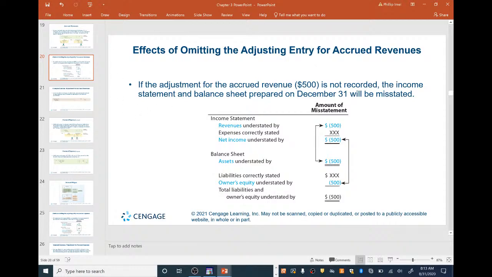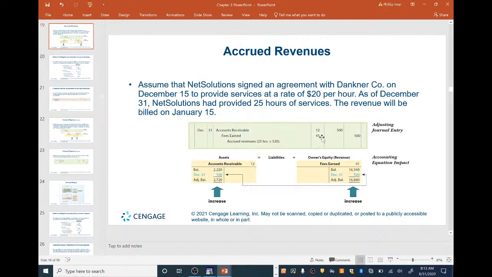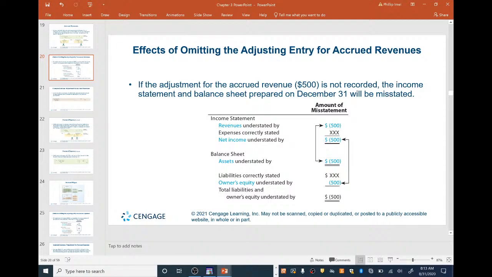If the adjustment for the accrued revenue of $500, this transaction we just went through, is not recorded, the income statement and balance sheet prepared on December 31st will be misstated, okay? But notice the effects, it's pervasive. It's going to affect the income statement and balance sheet, okay? So both statements are going to be affected. So how is that so? Just by that one entry.